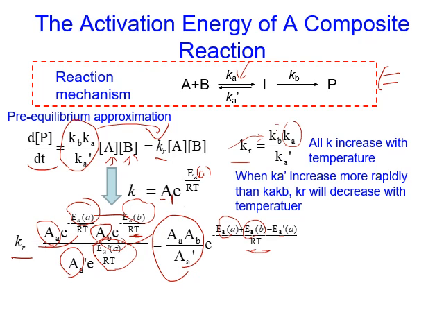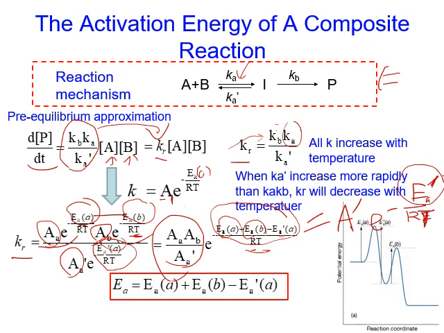Now this can be simplified as the new pre-exponential constant times e to the negative Ea prime over RT. So the whole three combined together give you a new activation energy. And so the new activation energy is just the two forward reactions, the first and the second forward reaction, minus the reverse activation energy.